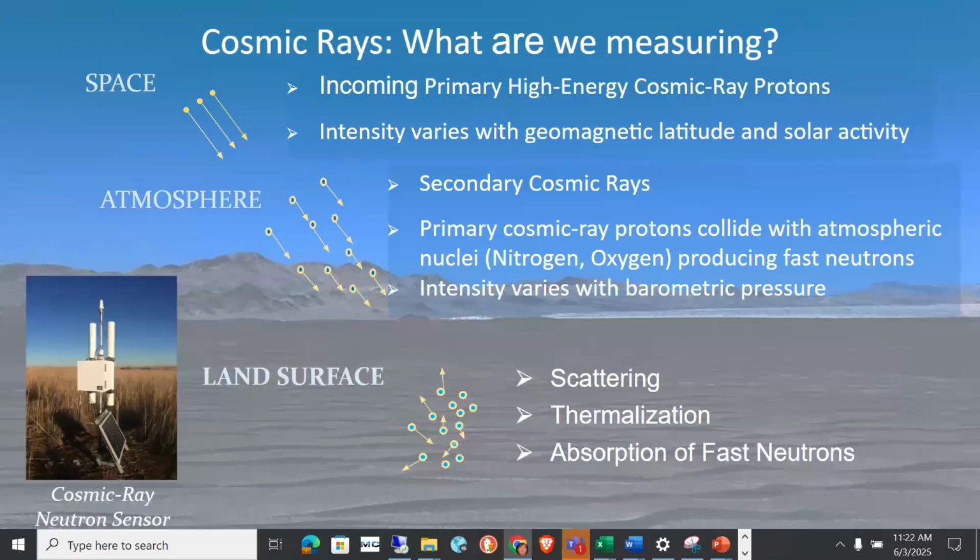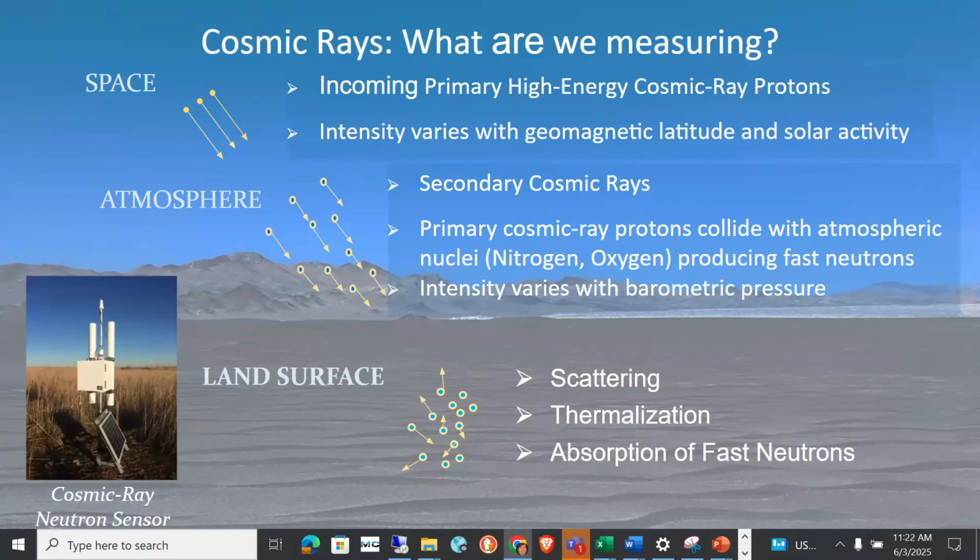So cosmic rays, what are we measuring? Very briefly, we have these incoming cosmic rays, protons from space, and those vary with solar activity and with where you are on the planet. When they come through the atmosphere, these are secondary cosmic rays that have collisions with the things in the atmosphere. And we actually have to do some correction for barometric pressure.